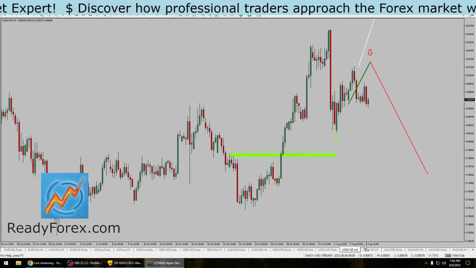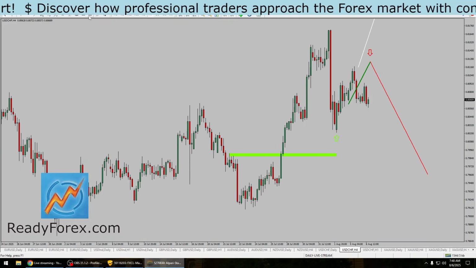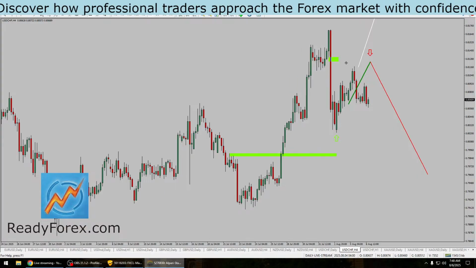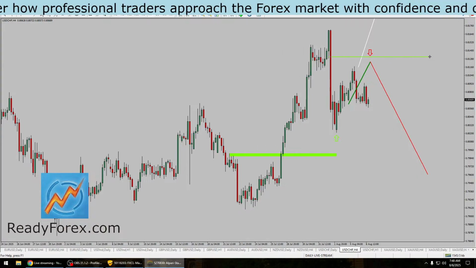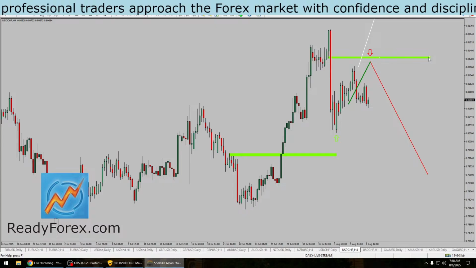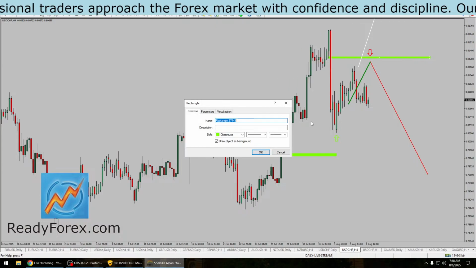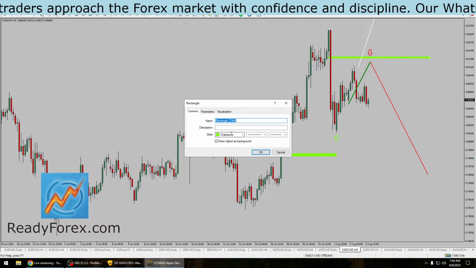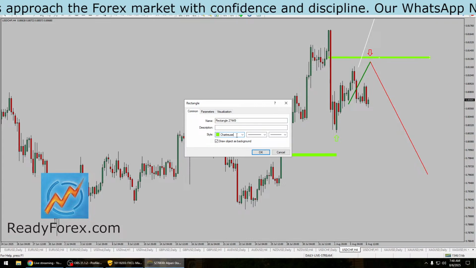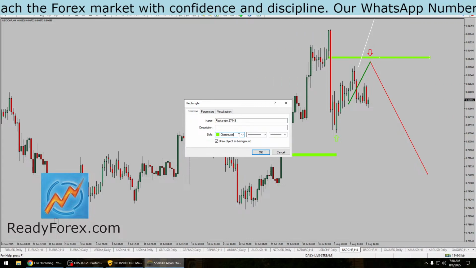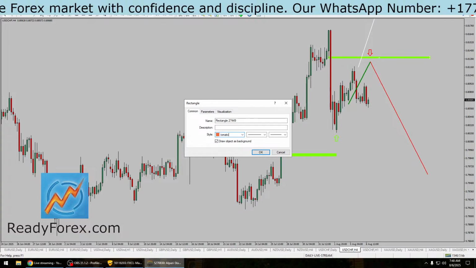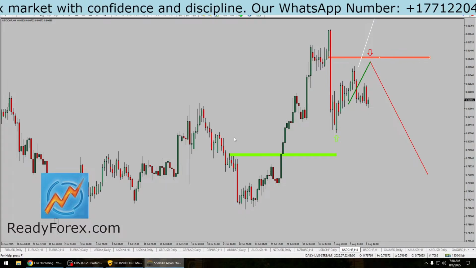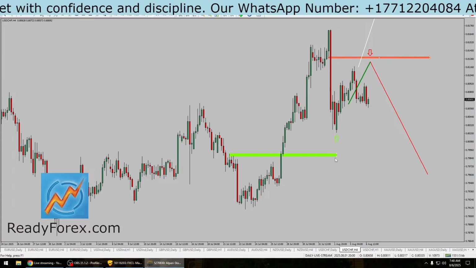Let's go over to a 4 hour time frame. The resistance is right up here. Here's the resistance area.